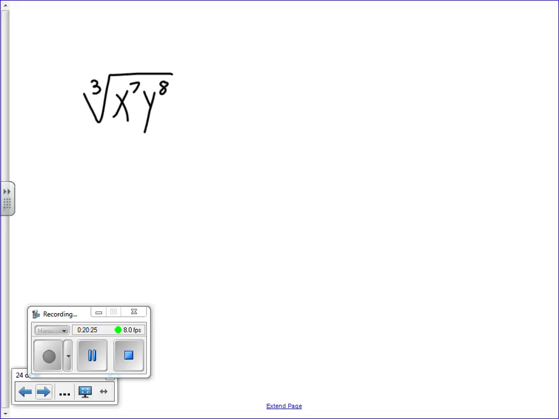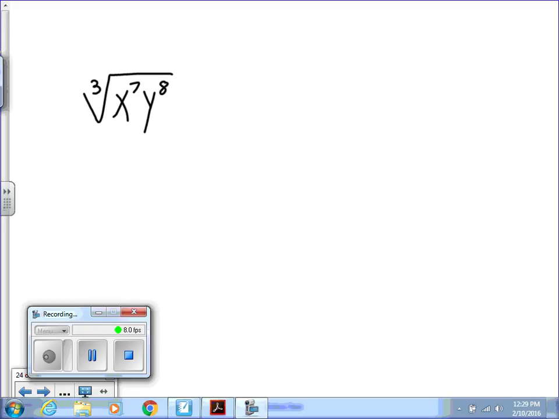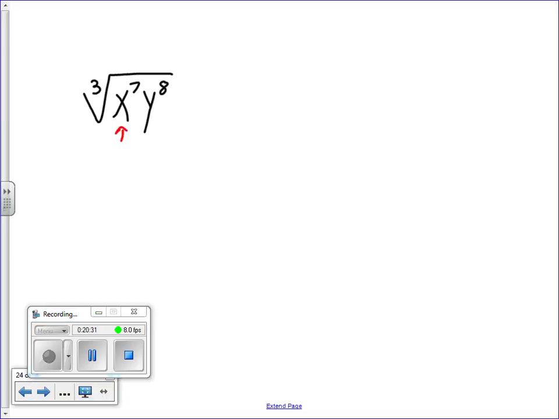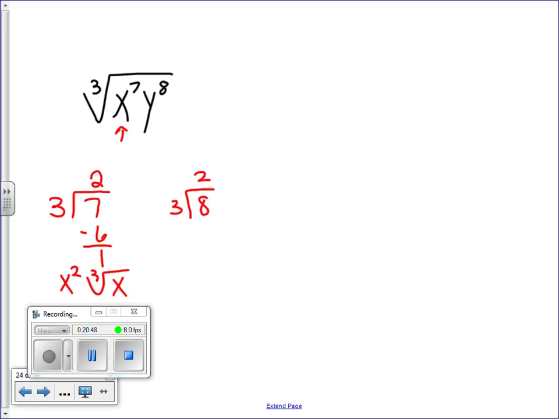Try that one. All right, let's look at this. So just deal with the X first. 3 goes into it, take two of them out, so 2 come out and 1 stays in. So when I write it, it's going to look something like this, right? What about the Y? 2 with a remainder 2, so it would be Y squared times the cube root of Y squared.